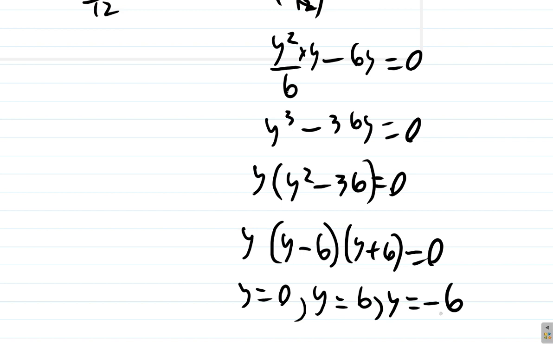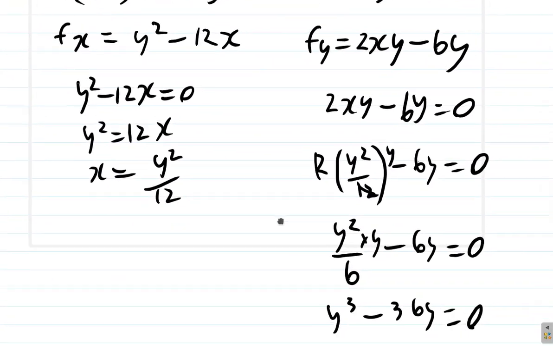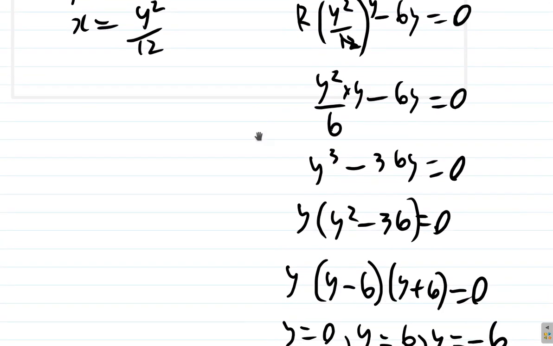Now, what happens when y equals 0? What happens to x when y is equal to 0?